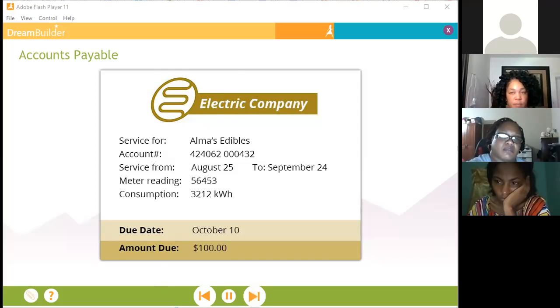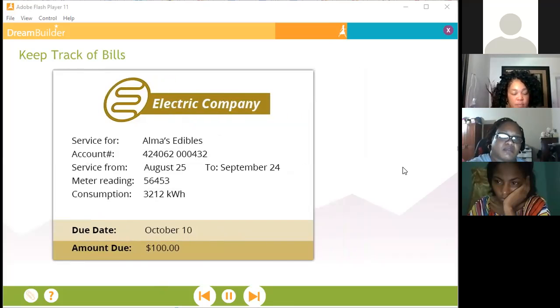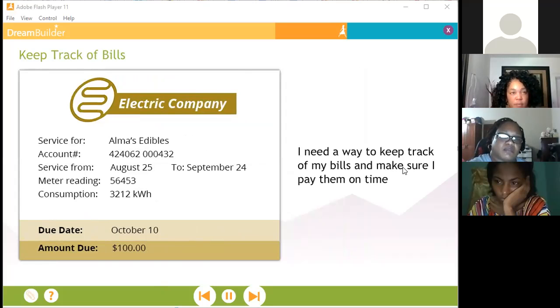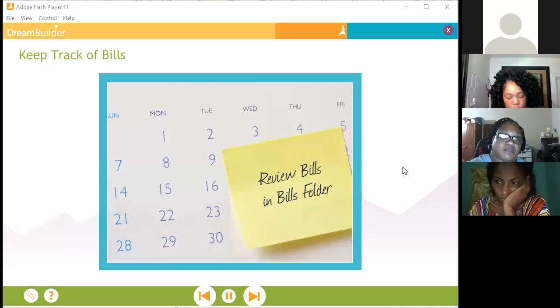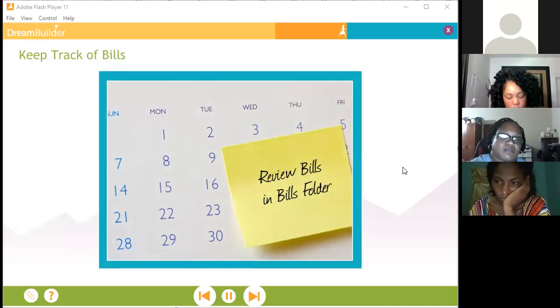Let's continue. I won't record my electricity bill as an expense until I've paid the bill. However, I need a way to keep track of my bills and make sure I pay them on time. Every time I receive a bill, I put it in my bills folder. I arrange the bills by due date. Since my catering business is small and I don't have too many bills, I only look through this folder once a week.